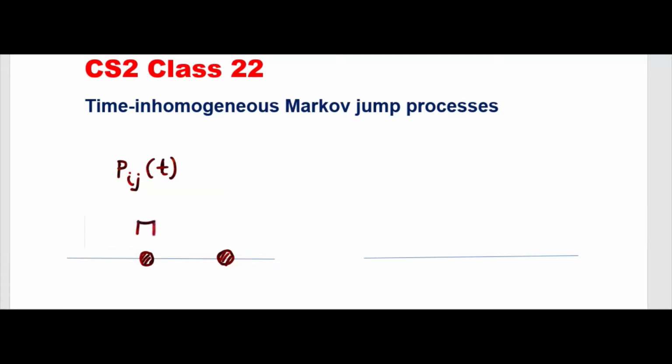Suppose this is the present state, the time is not known, and this is the other state j. You write random time here. What is the probability that the process will go from i to j in t time? Forward differential equation we discuss all the time, backward differential equation as well.